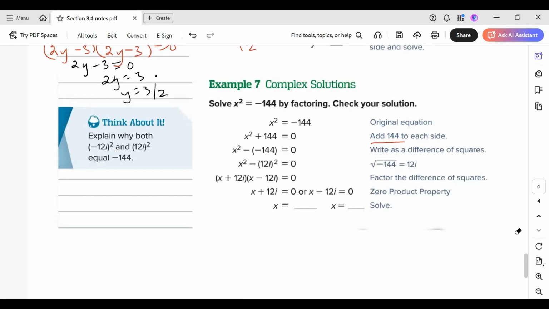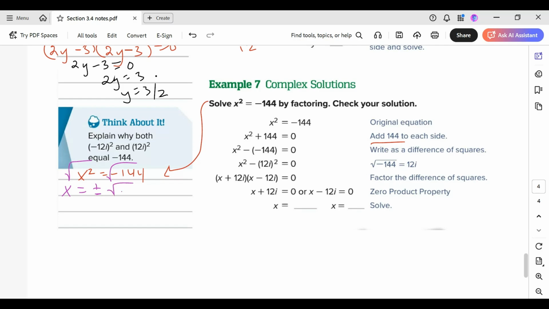Okay, example 7 says solve x squared plus 144 equals 0. I'm solving a little bit different than the way they want you to solve it. So we're going to say x squared equals negative 144. And so we know that it's already saying x squared, we don't need to do anything extra. We're just going to go ahead and take the square root of both sides. When you take the square root of both sides, we know that x is going to equal a positive and negative situation.